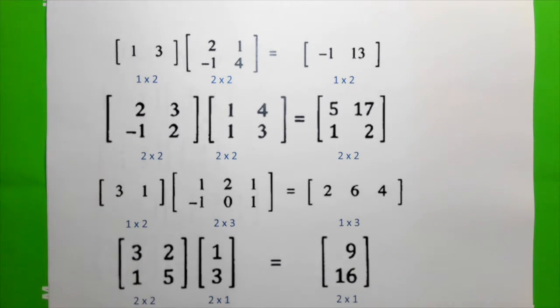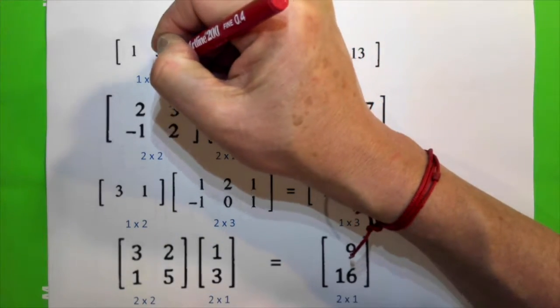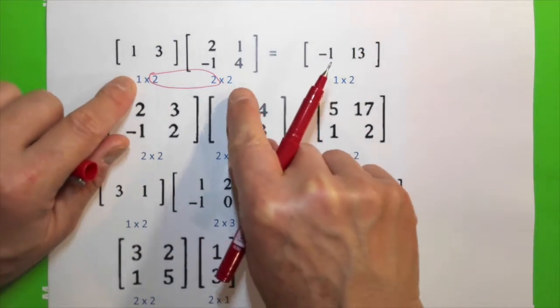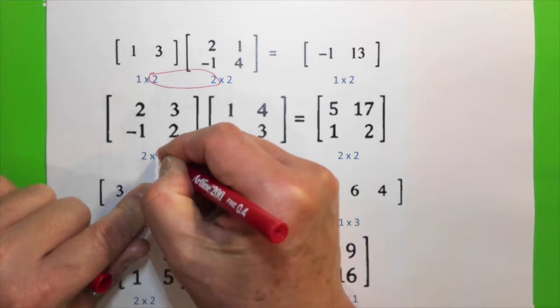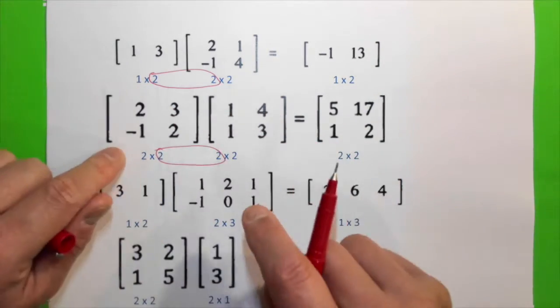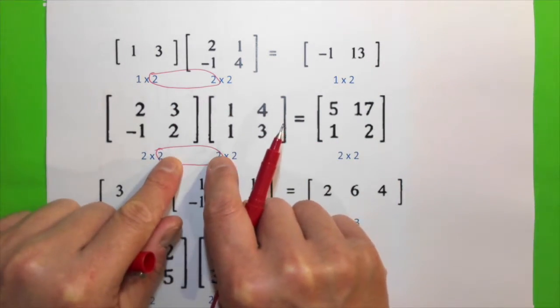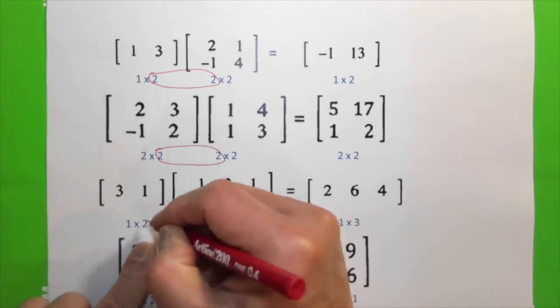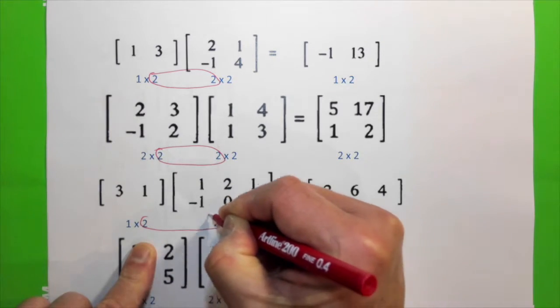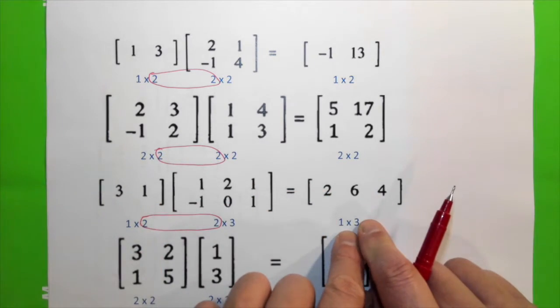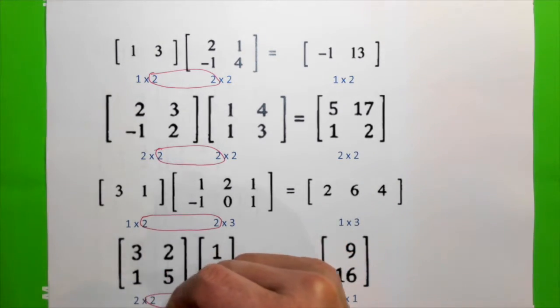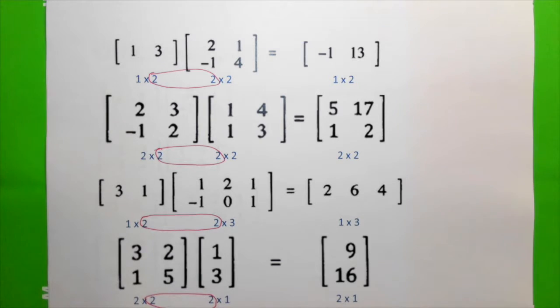Now, you notice that the middle numbers disappeared, you've got a 1 by 2 matrix. 2 by 2 times 2 by 2, that actually disappeared, and it's a 2 by 2 matrix. 1 by 2 and a 2 by 3, that disappeared. The end result is a 1 by 3 matrix, and this one, the end result is a 2 by 1 matrix. So it is actually a good check.